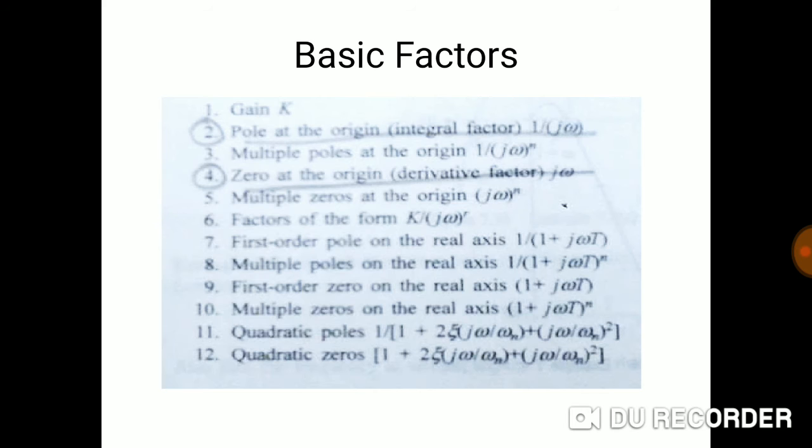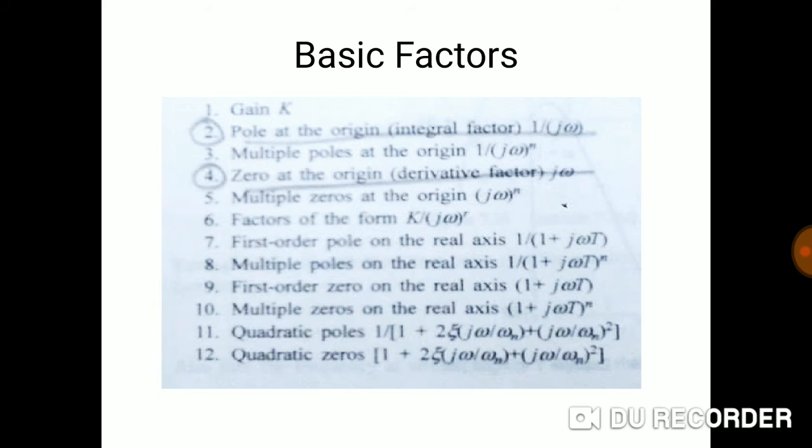As I told you, different factors are present in the transfer function. We know the transfer function for any open loop or closed loop system. It consists of the constant k, then a pole at origin, multiple poles at origin, zero at origin, multiple zeros at origin, then first order poles, multiple poles, first order zeros, multiple zeros, quadratic poles, and quadratic zeros.